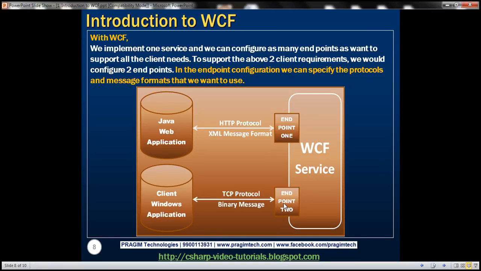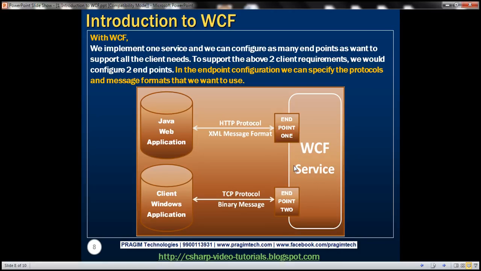Now let's say we have a third client and he wants XML messages over the TCP protocol. To satisfy that client's requirement, all we do is expose another endpoint. So basically we have got a single service, but to satisfy the requirements of different clients, we are configuring different endpoints. So this is a web service. This is a .NET remoting service. With a single WCF service, we are able to achieve both things.